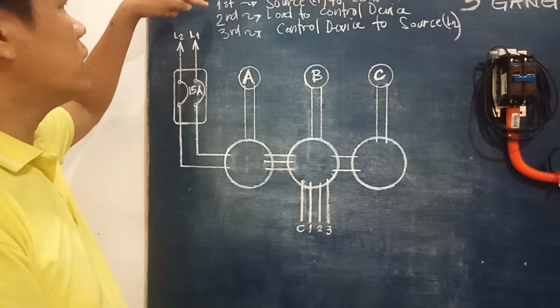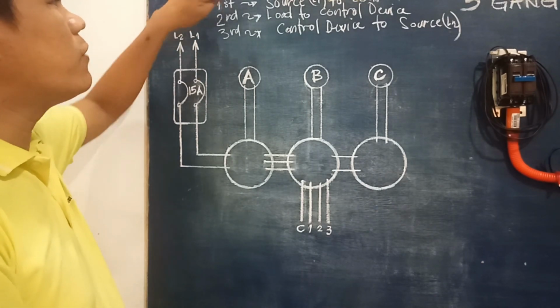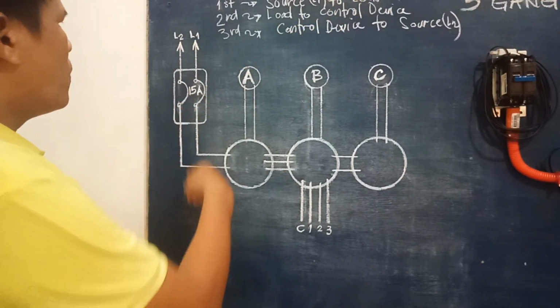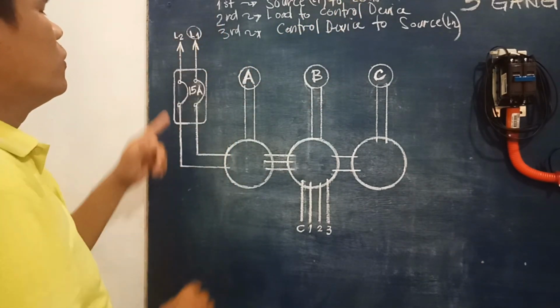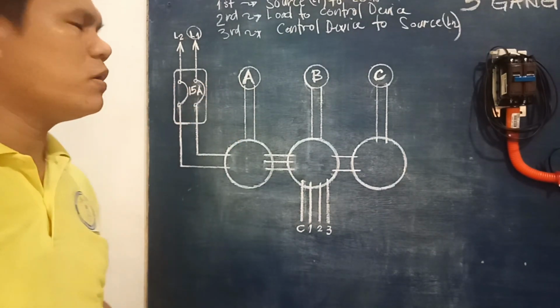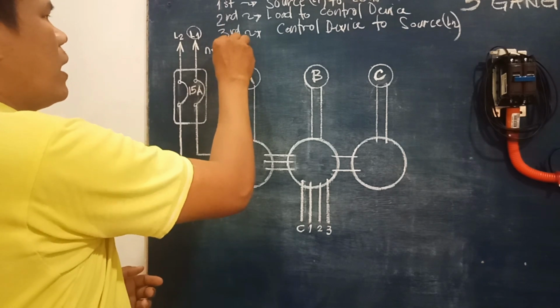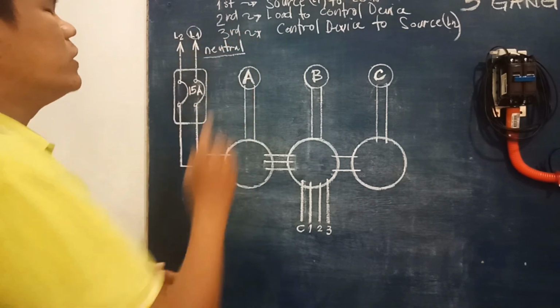As it says on the first cycle, we have to start from the source, which is line 1, to the load of the circuit. Now here in the line 1, of course in our discussions here, we always use line 1 as our neutral line. Okay, so take note on that.